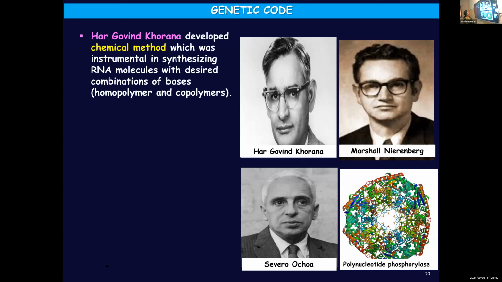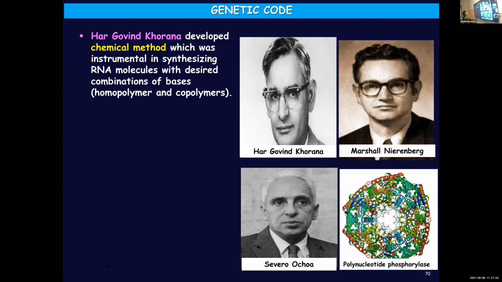Har Gobind Khorana developed a chemical method that helped in synthesizing RNA molecules with a desired combination of bases. You don't have to learn all the details, but what their contribution was, you should know. I'm repeating again, all the scientists' names and their contributions are important.